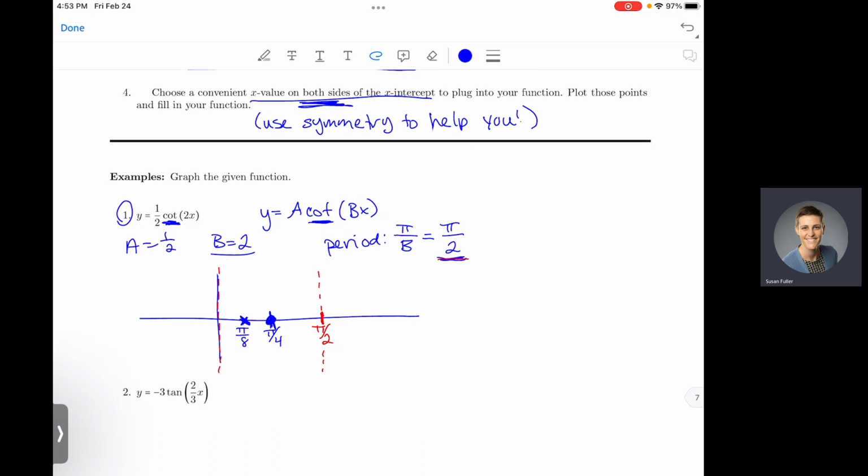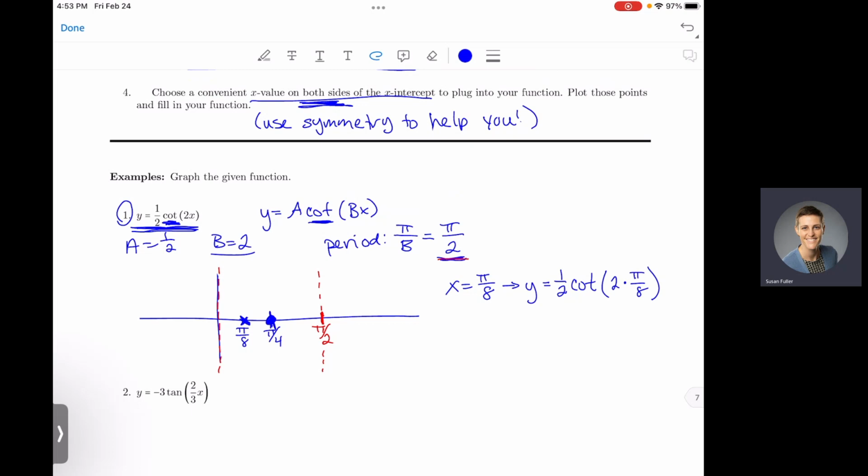So I know this x value is pi over 8, and I'm going to take that x value and plug it into our function to get y. Again, our function is y equals 1/2 times the cotangent of 2x. So we're going to plug pi over 8 into this function.